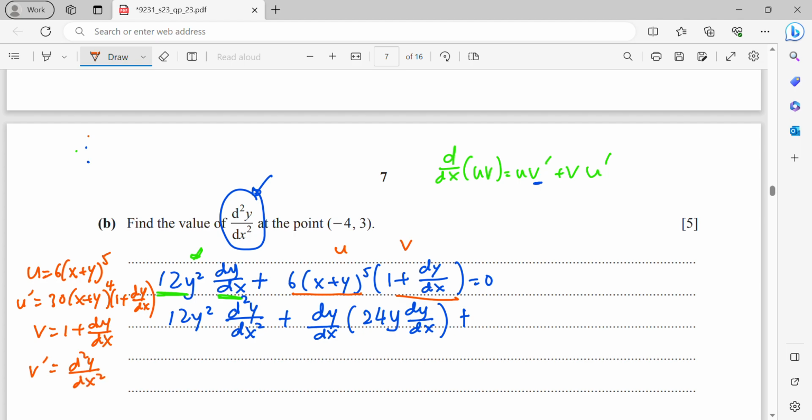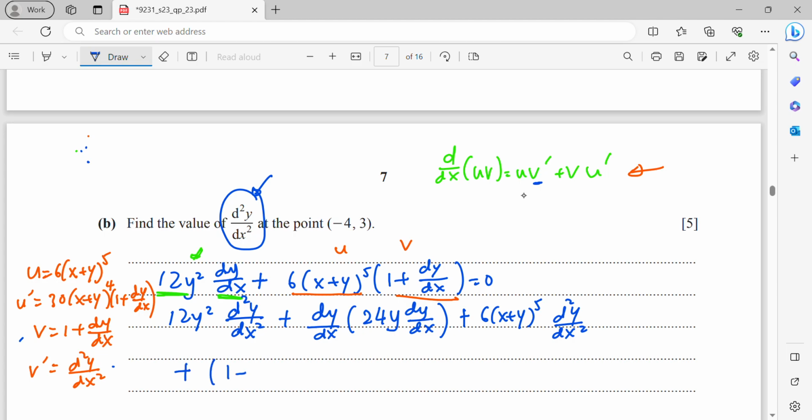And now I will substitute into this formula. So it will be u, so 6(x+y)^5, v', d^2y. Then plus vu'. So this is my v. Okay, because my u' has a lot of terms, so I will just write next line.